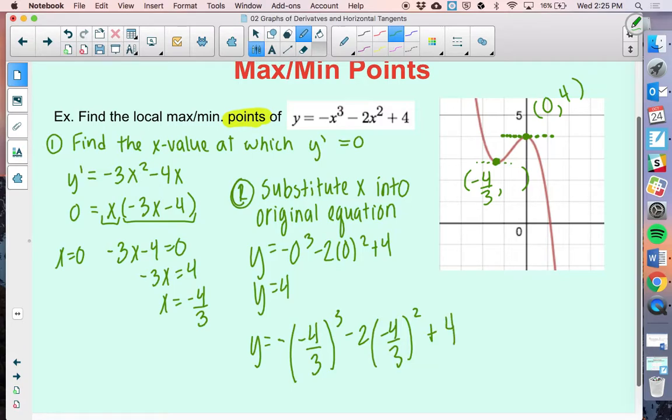And I'm going to grab my calculator, and I'm just going to plug all of that in. Negative 4/3 cubed minus 2 times negative 4/3 squared. And I'm getting 76 over 27.